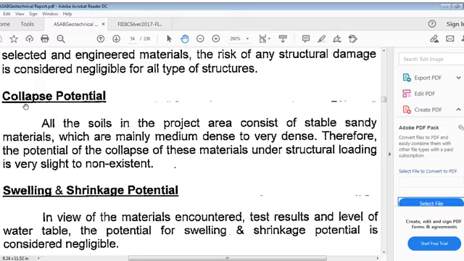Collapse potential. It says all sites in the project area consist of stable sandy materials, which are mainly medium dense to very dense. Therefore, the potential of collapse of these materials under structural loading is very slight to non-existent.